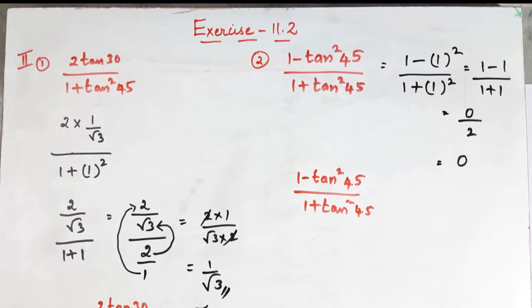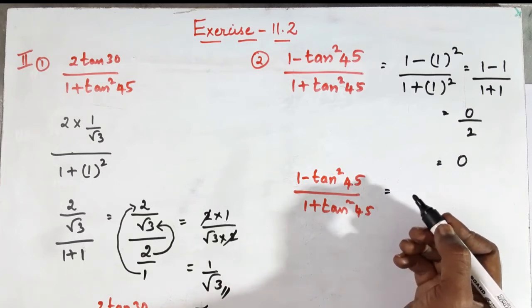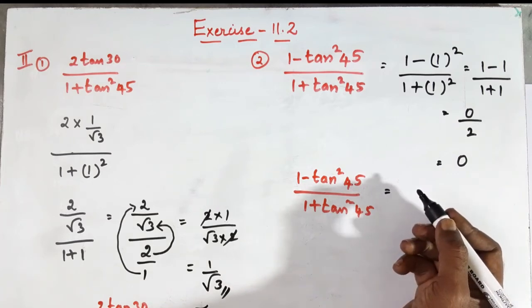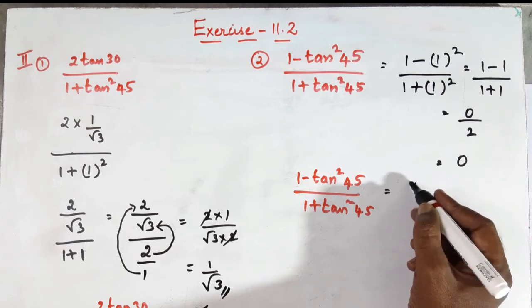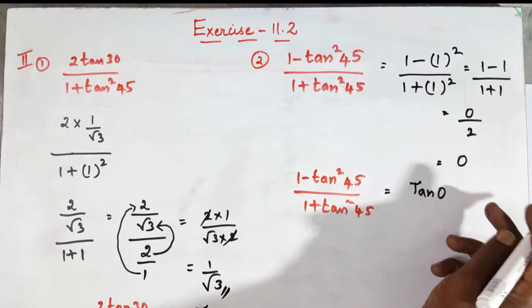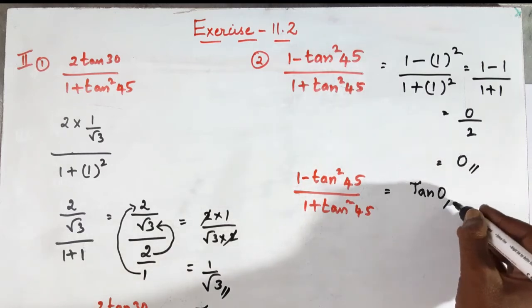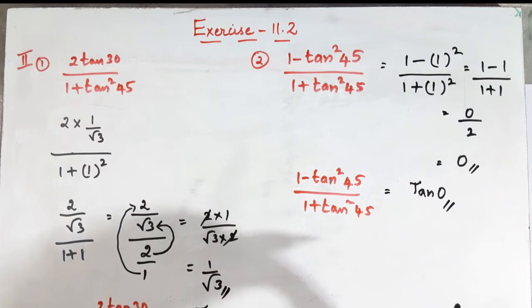That means tan 0. Tan 0 is again 0. So you can write either this or this as the solution. So this is about the second bit, first problem and second problem.